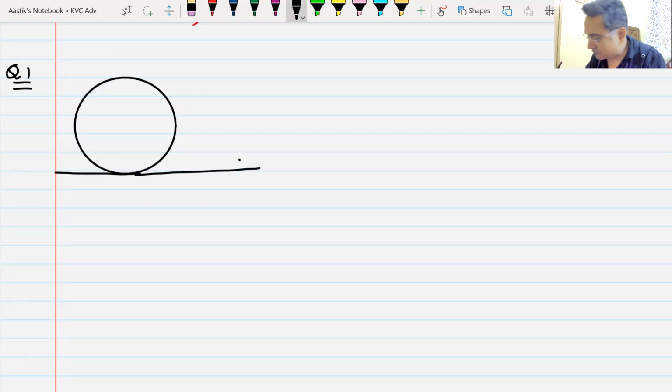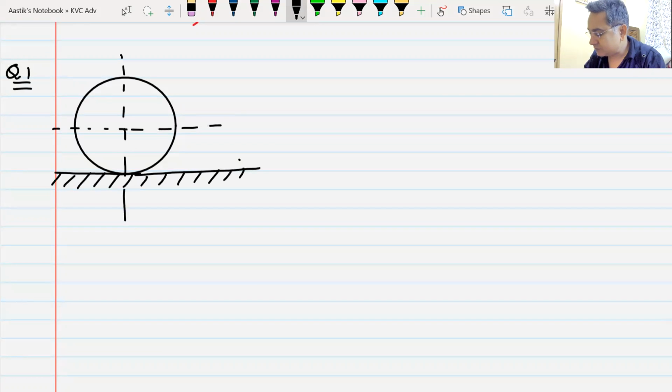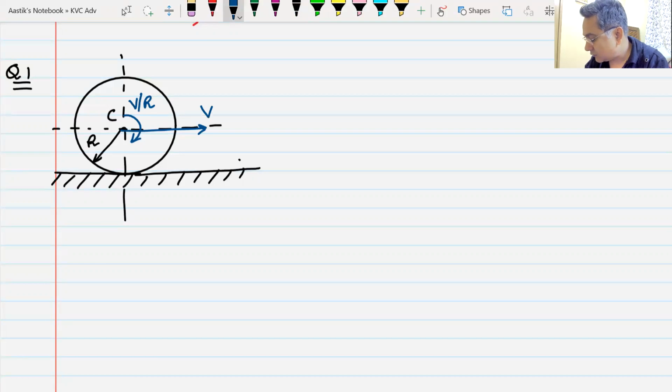Even if not with the same speed, even if you're able to solve this, it would be a good thing. This is, let us say, a disk of radius r. The center is C and the radius is r. This disk is rotating with an angular velocity v by r, and it is moving forward with a velocity v.